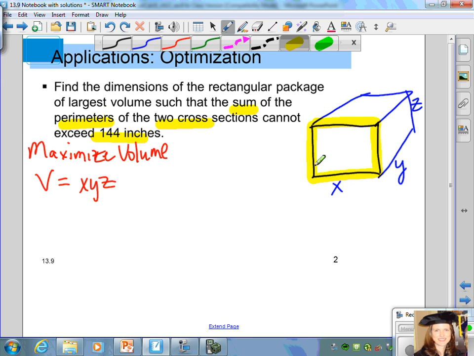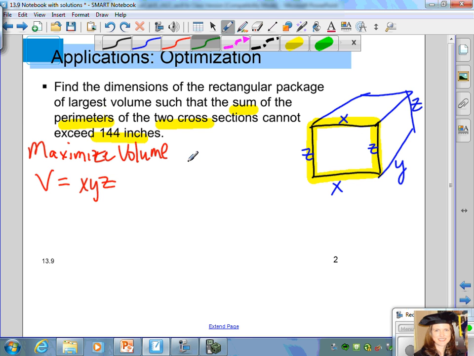You can label the sides. If this side is x, then this side is also x. If this height is z, then the height is z here, and z there. So that one perimeter would be found by adding x plus z plus x plus z. That's two x's plus two z's.